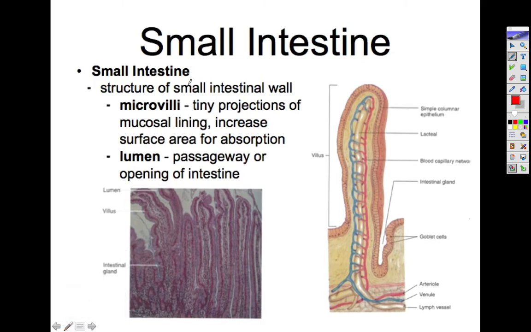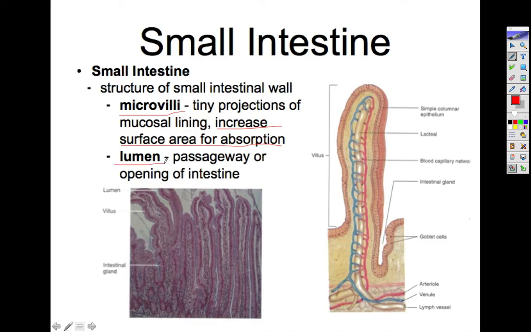Structure-wise, your small intestine has a bunch of these tiny little finger-like projections called microvilli. They have the same function as cilia, as folds do. The whole point is to increase surface area, which increases absorption. And then the passageway for your small intestine is called the lumen.